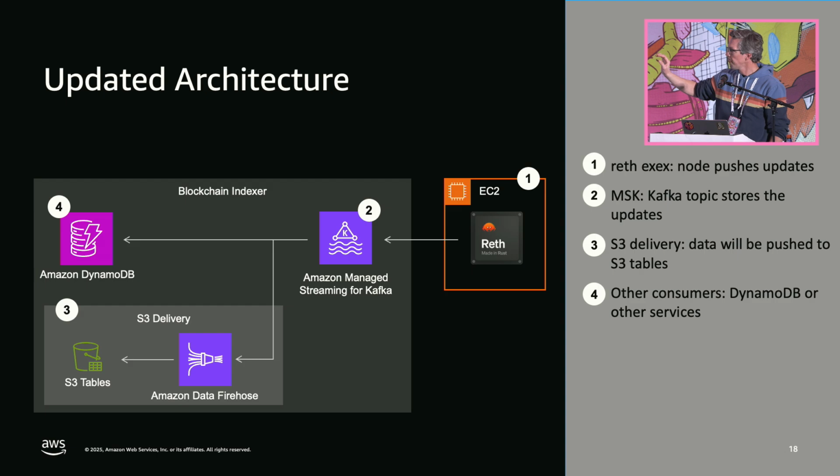One is our Kafka service has the ability of directly pushing data into S3, and S3 currently supports Apache Iceberg. So we can have Reth push the data into Kafka, Kafka push it into S3 Apache Iceberg, and we have a continuously updated Apache Iceberg table in S3, which we then can use.